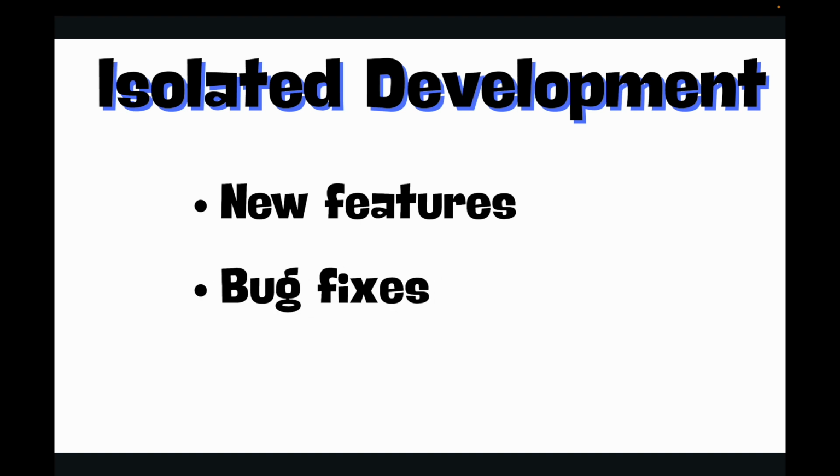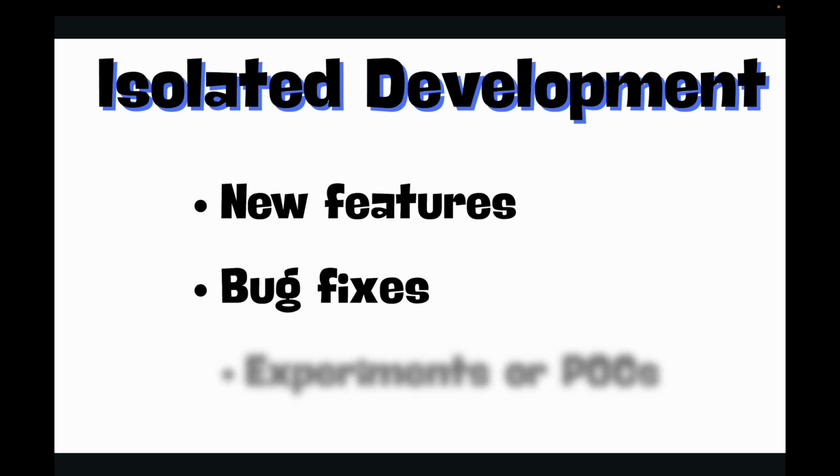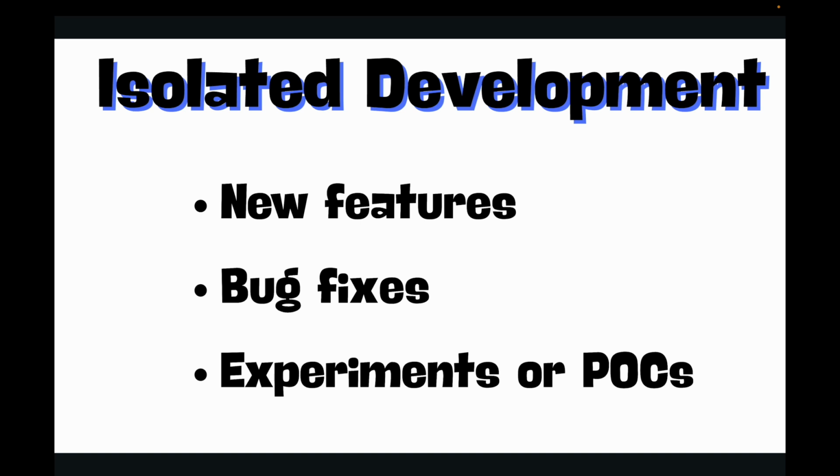You can fix bugs, addressing a critical bug without introducing new unfinished code. And then you can do experiments or even POCs. Try out risky ideas or different approaches without fear of breaking your main project. If it fails, you can simply delete that particular branch.